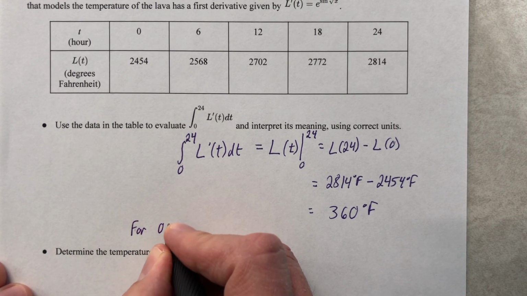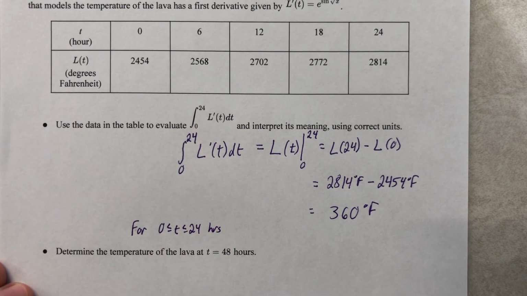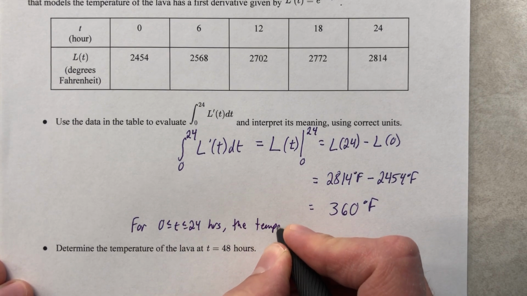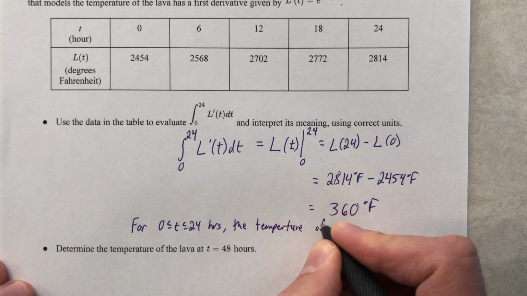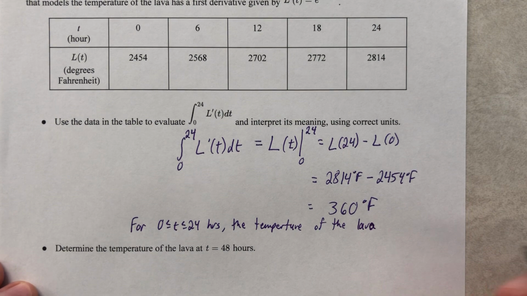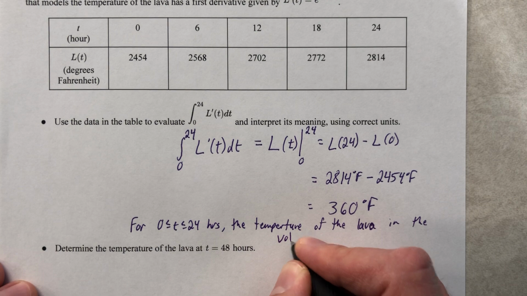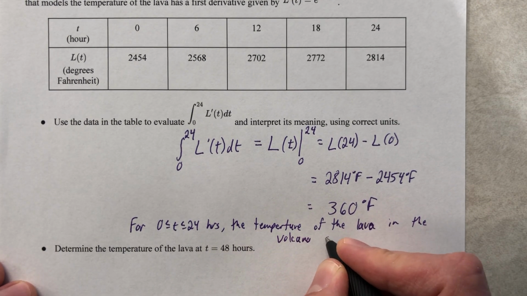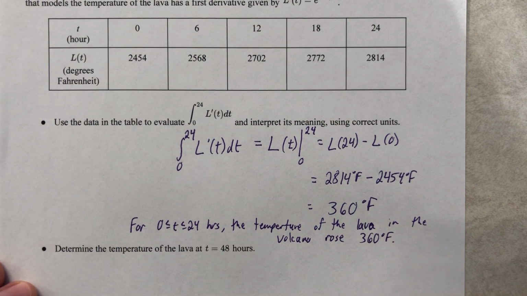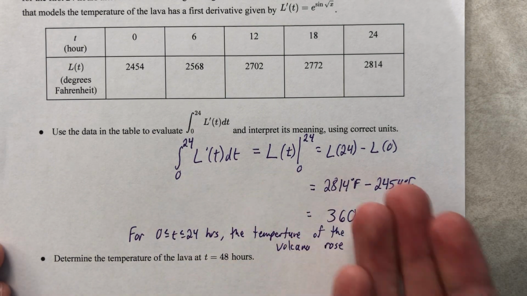For 0 to 24 hours, the temperature of the lava in the volcano rose 360 degrees Fahrenheit. Now, I know you're probably thinking, I could have just subtracted those and gotten it. I hear you, but we need to understand this representation and what it means.